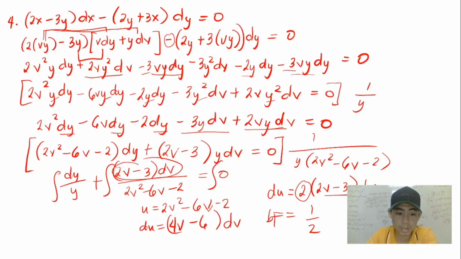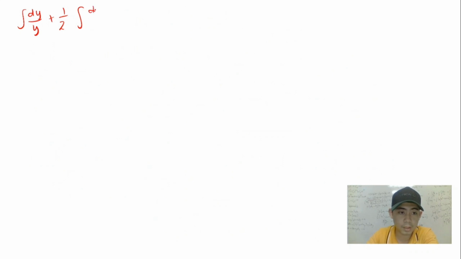So, the integral of dy over y plus 1/2, the balance factor is 1/2, times the integral of du over u. Okay, u over u is equals to the integral of 0. Okay, so dy over y is ln of y, okay, plus 1/2 ln of u. Ano ba ang u natin?